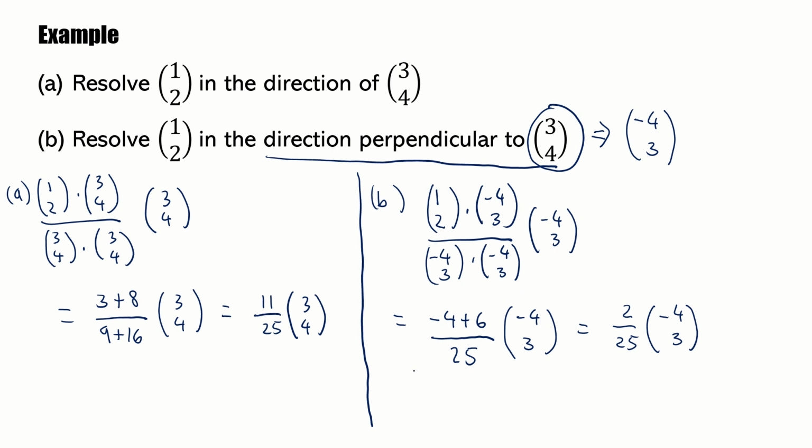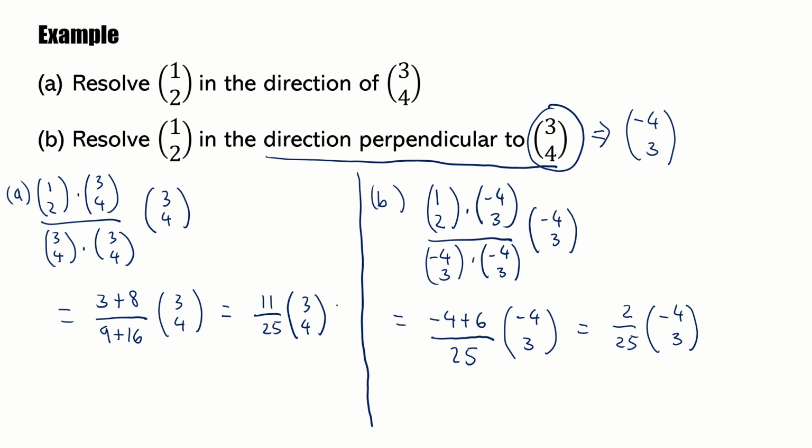Now for those of you wondering if what we've just done is legitimate, there is a way you can check your answer to see if what you've done actually makes sense, which is that when we've split up our original vector into these two components, they're not components just in the directions of the unit vectors i and j, but they're still components of the original vector.